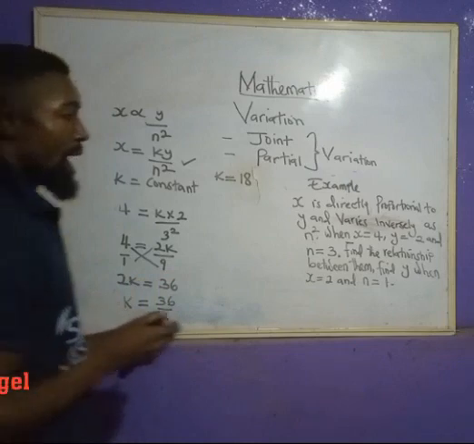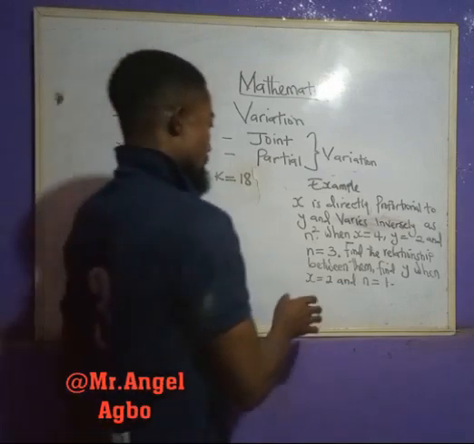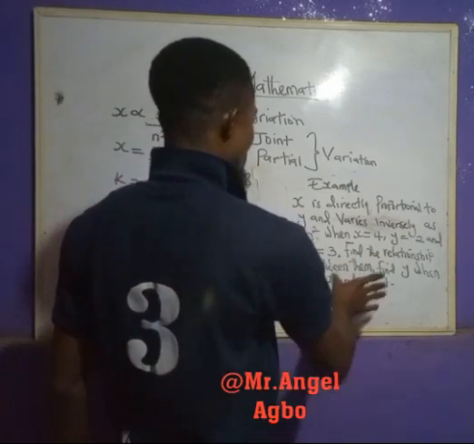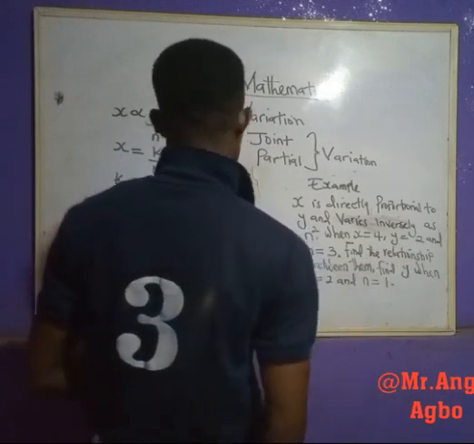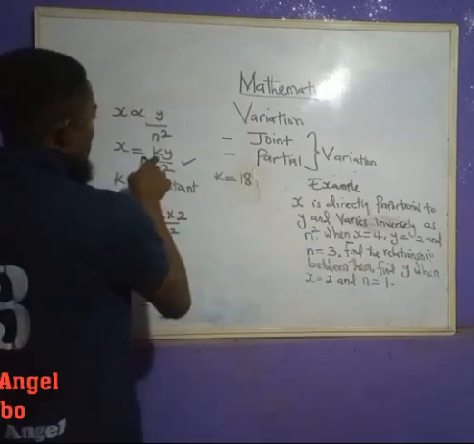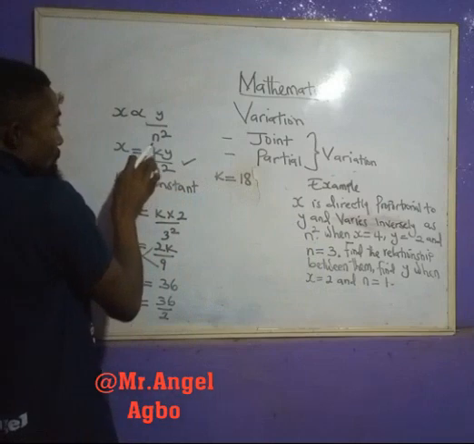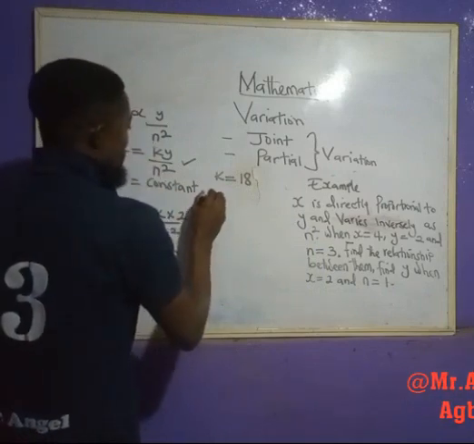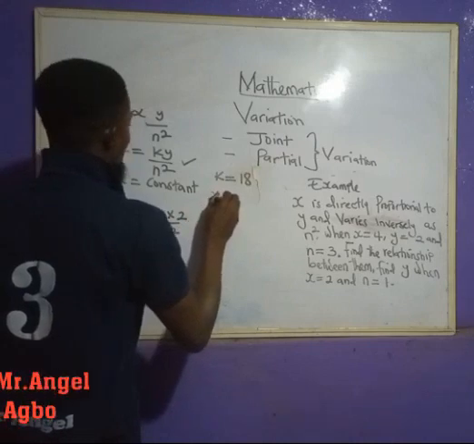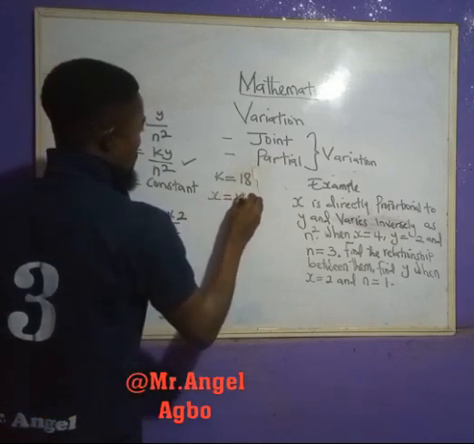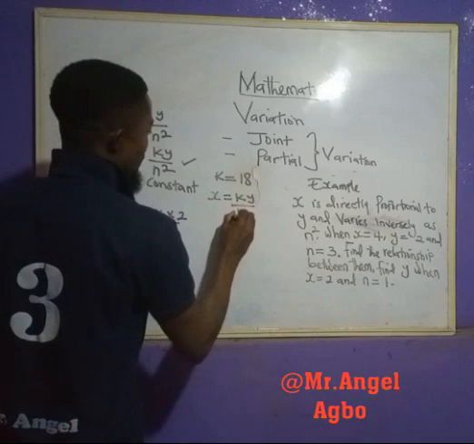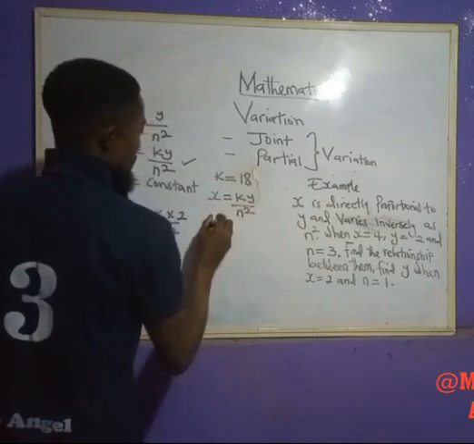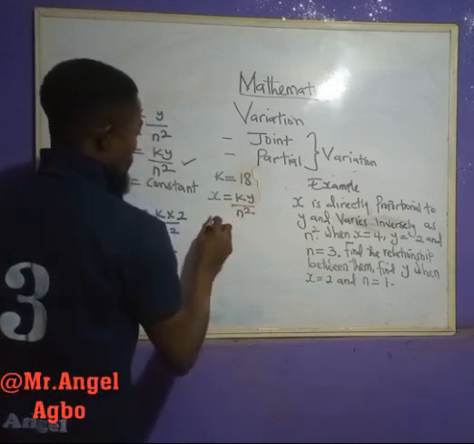Now we're going to move ahead and find the relationship between them. Since we have gotten our k, the only thing we need to do now is to replace this k here with 18. So the expression is s equals ky divided by n squared, n raised to power 2.